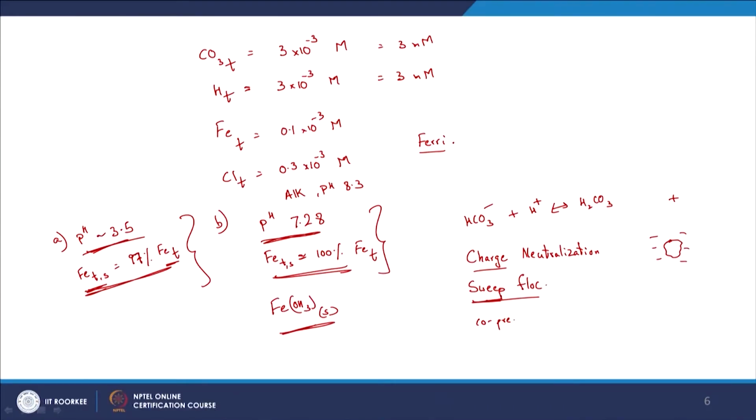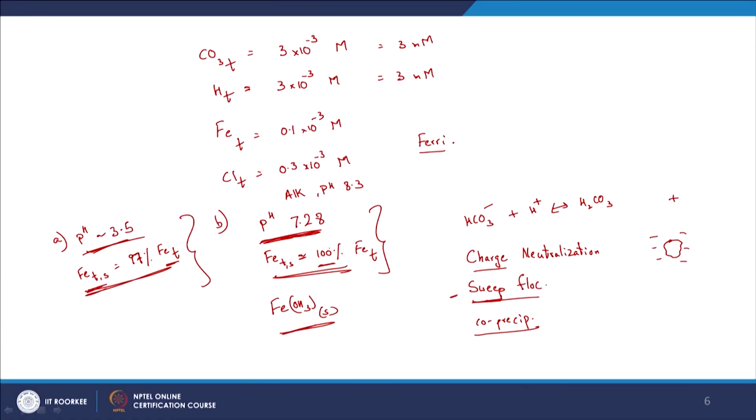So that is the sweep flock mechanism. So either sweep flock or charge neutralization, and I believe we also came across the term co-precipitation in the last couple of classes. So here the question is, if the pH is already 7.2, should you add more of a strong base? I would say not.